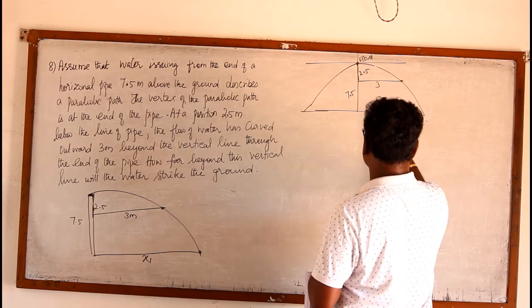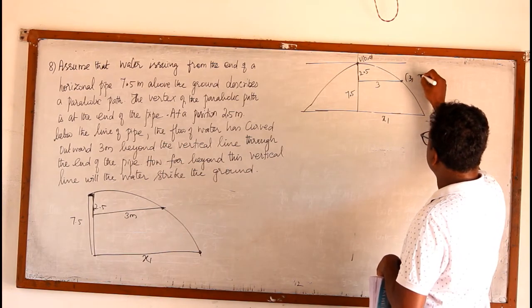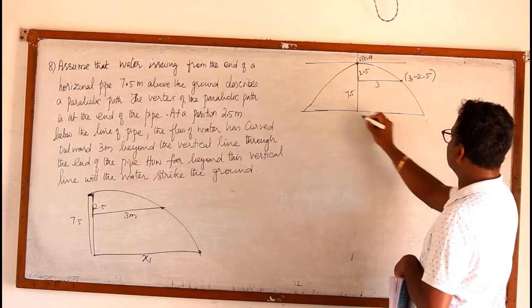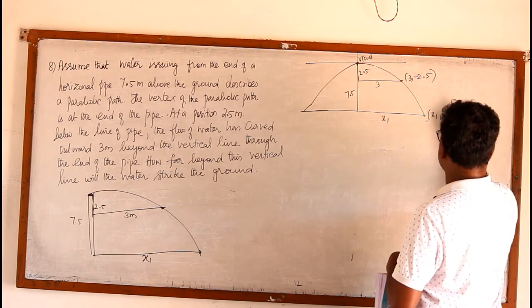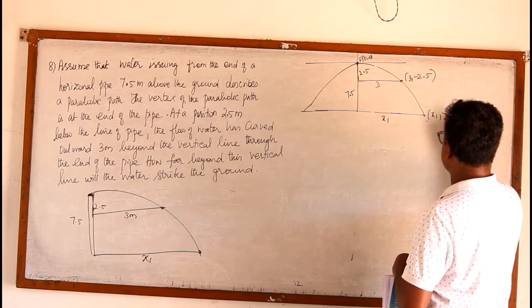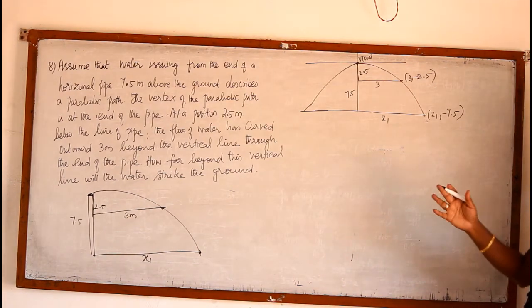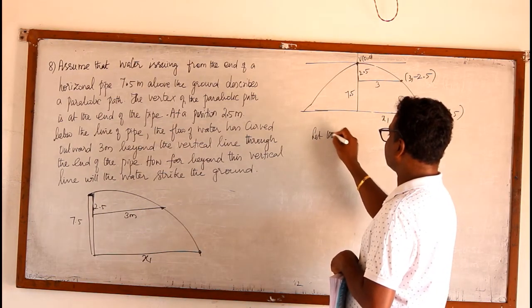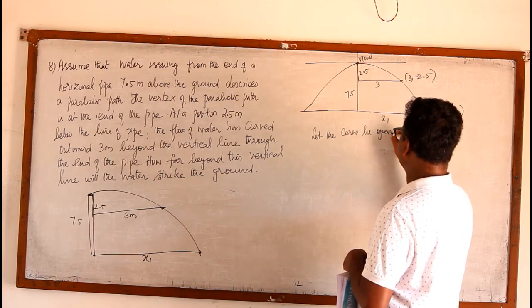And if I keep this one as x, now can we say the point is 3, 2.5? What is it in the fourth quadrant? So minus. So if this length is x1, then y1 is 7.5, again minus in the fourth quadrant. So I have to find out this x1. So this is the problem. Now let the curve be open downward.